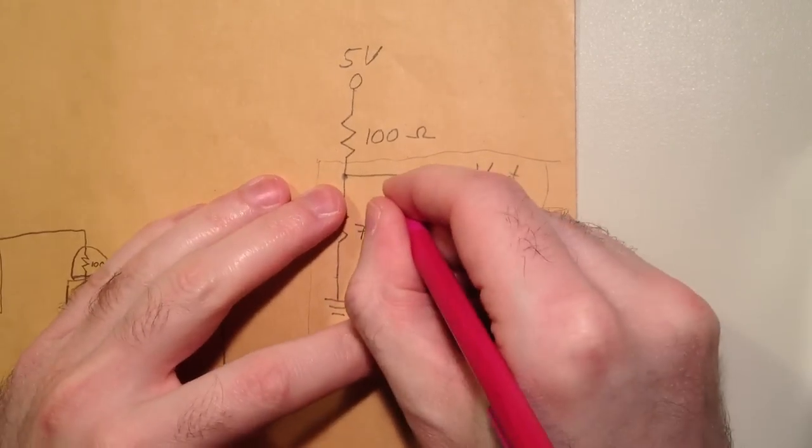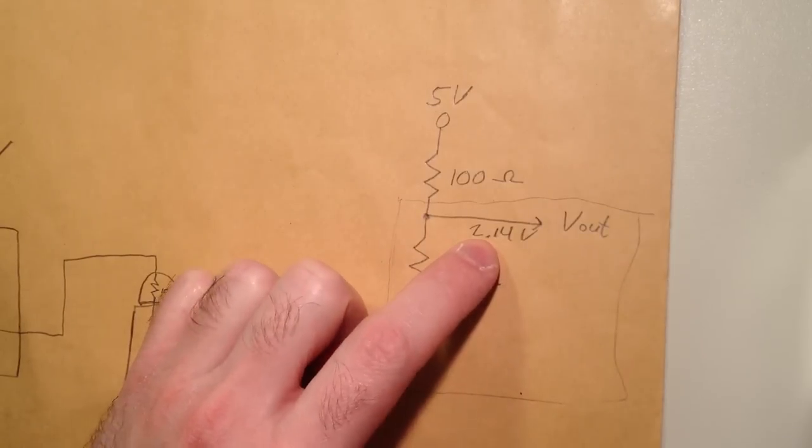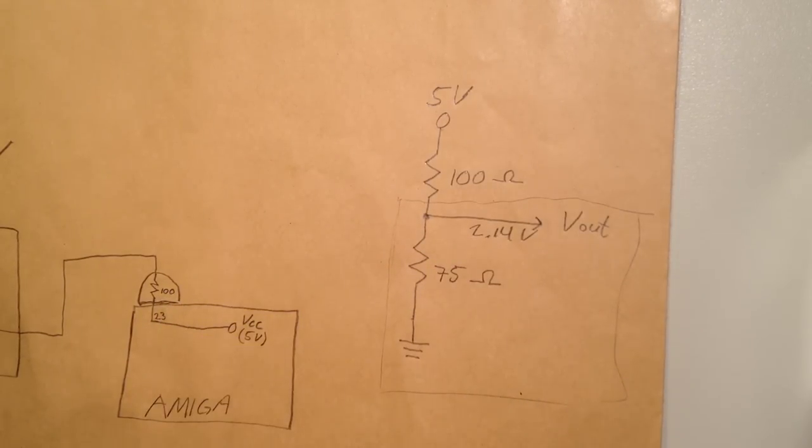So then we got 2.14 volts going out there, and that's really a good voltage, because the TV wants between 2 and 3 volts as a good switching voltage.